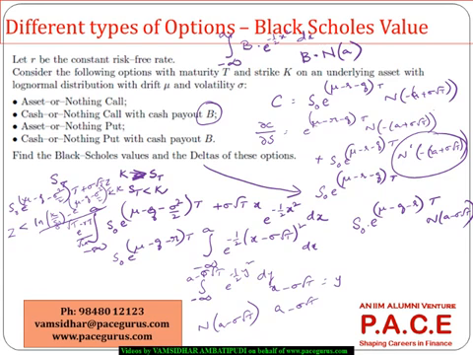So this is how we can very well compute for both cash or nothing call, cash or nothing put, asset or nothing call, asset or nothing put, depending on whether mu is equal to r or mu is not equal to r. The complete Black-Scholes value, and after that doing a differentiation of that with respect to S, is going to give me the deltas for those kind of options, right?